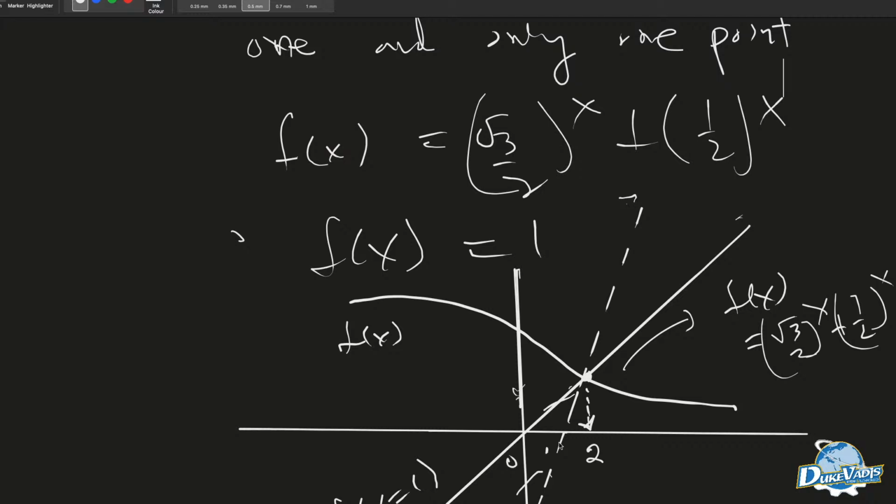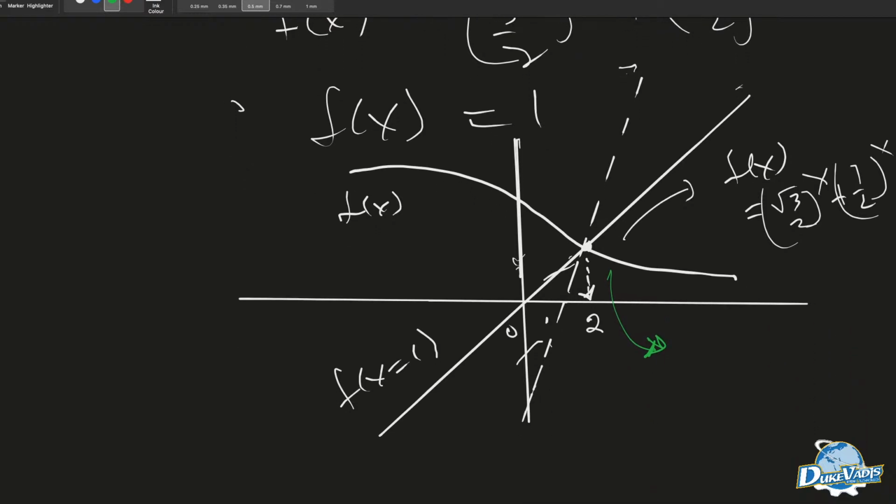So you see that there's only one intersection over here.